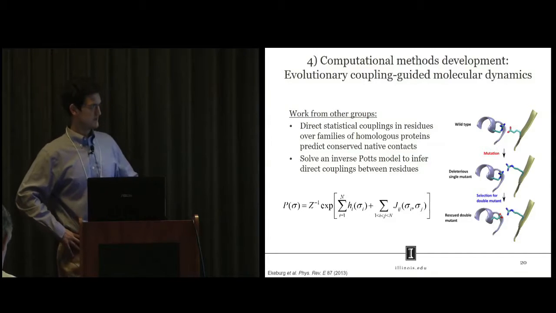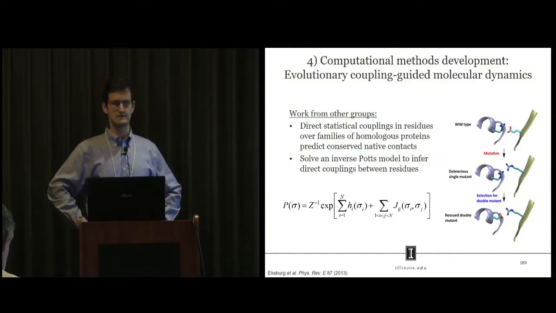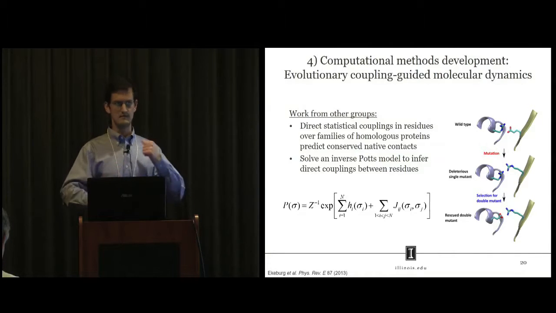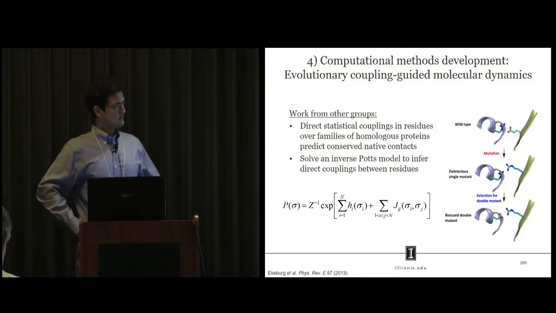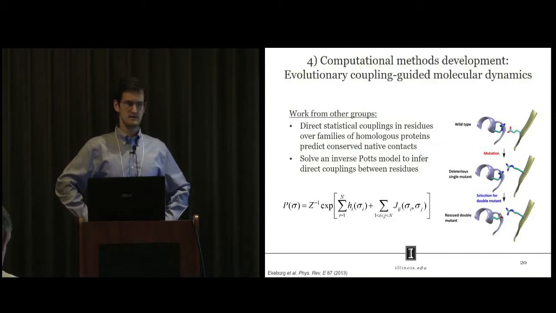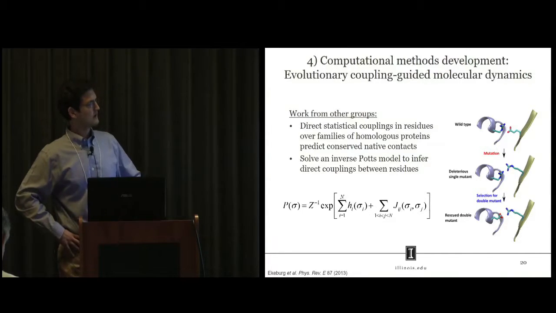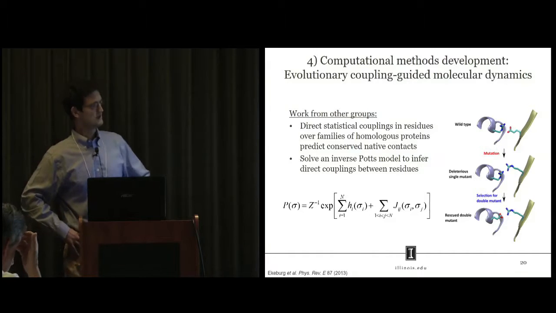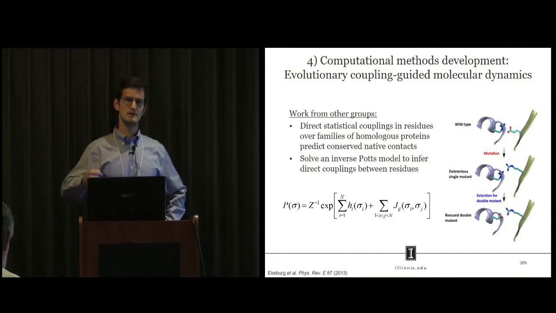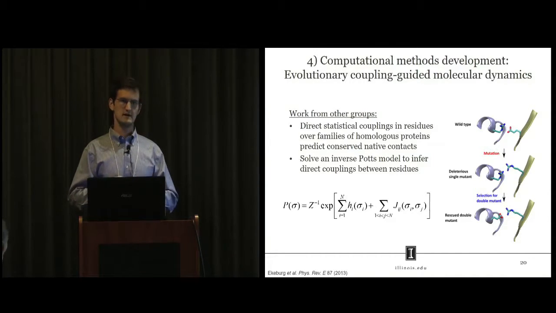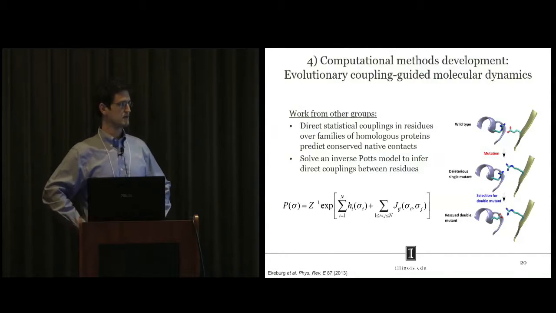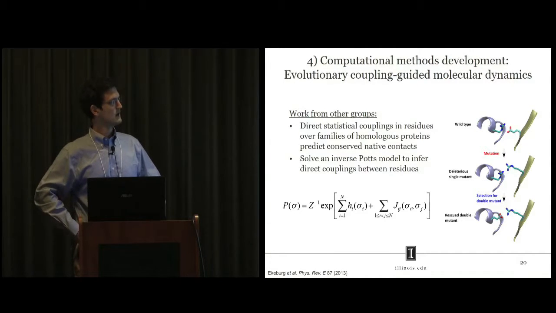So this can arise either through direct interactions between residues or mediated through intermediate residues. So the idea of evolutionary couplings is then to infer which interactions are due to direct interactions, to give us an idea of the contacts that need to be formed between residues for an active protein.